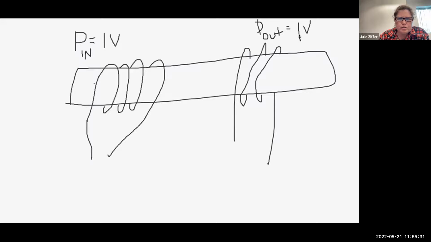And then on the other side, you have a current and a potential, and that's related to a different resistance. So this might be like an R for the in, and there'd be a separate R for the out. So the loops on the right and the left kind of have their own resistance, right?